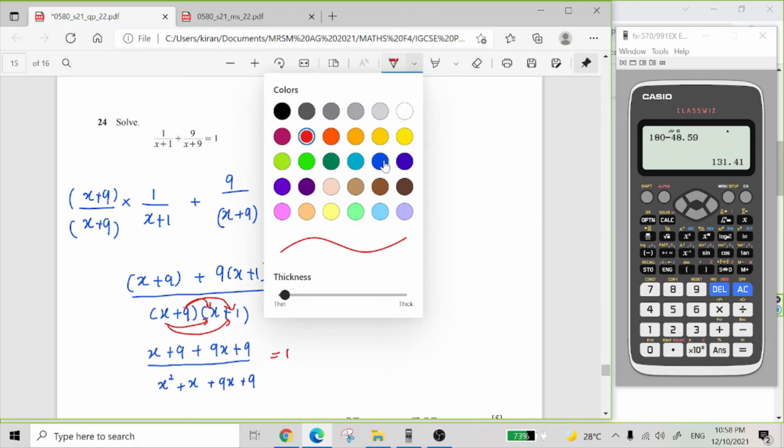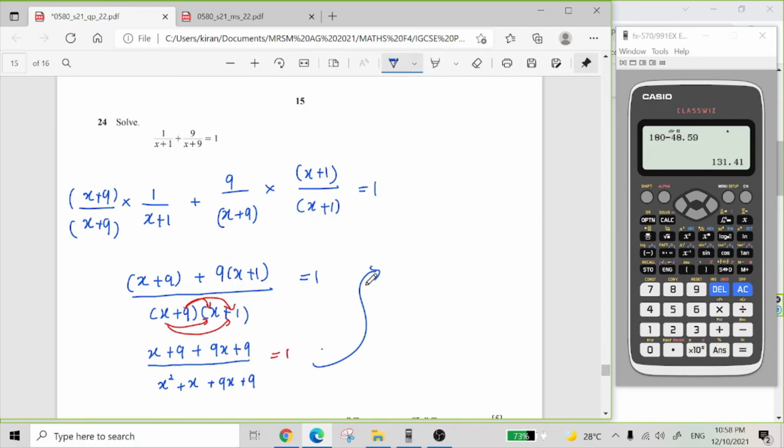Then x plus 9x will be 10x plus 18 over this part.